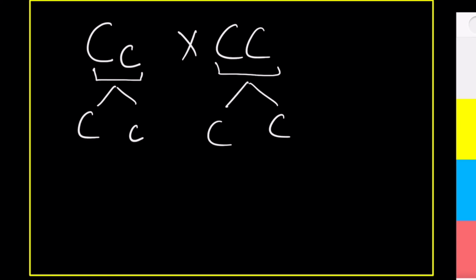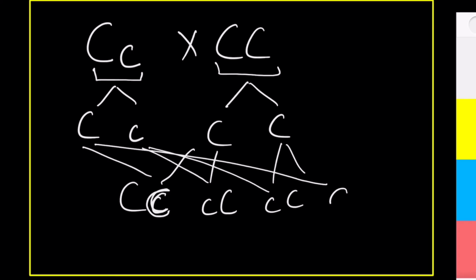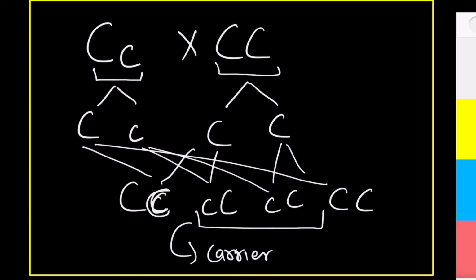Now after the cross, what can be the probability? So you solve it: capital C, small c; capital C, capital C; small c, capital C; again capital C, capital C. So here these individuals are carriers.